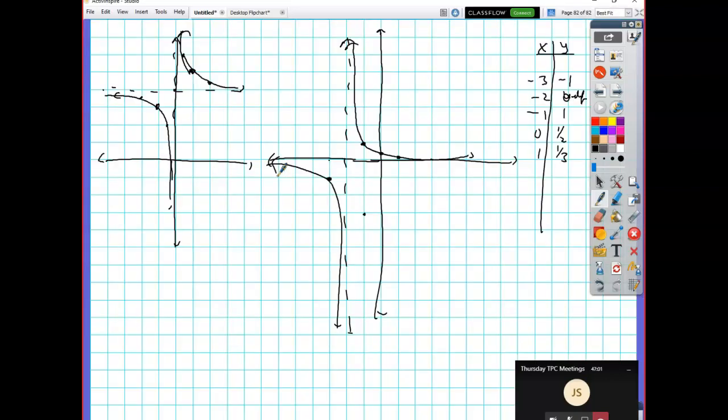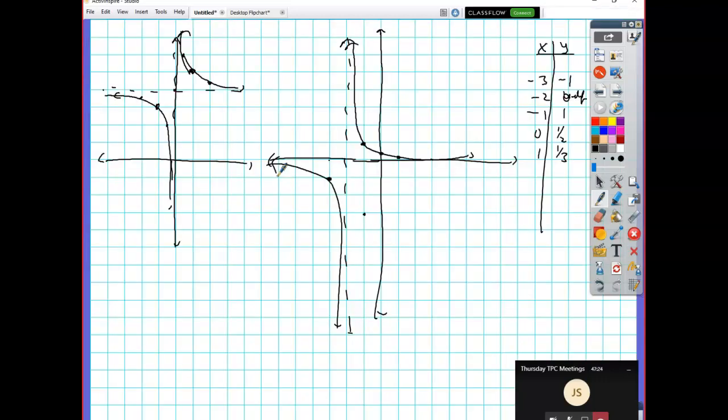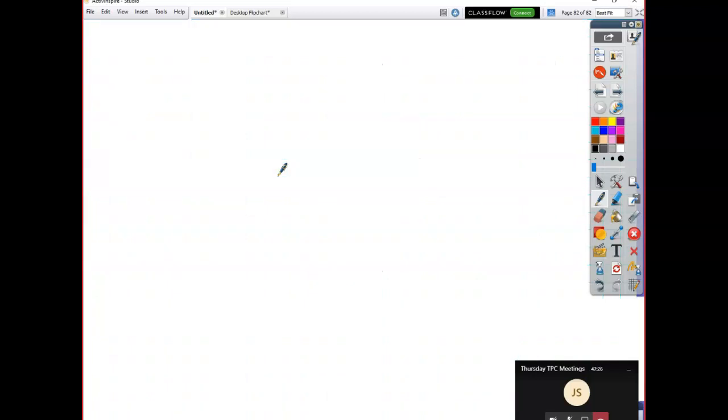You said stretch 2. No, I heard stretch and compress in that sentence. Well, you'll guess 3 things then, dude. Pick one. Yeah, 1 guess per try. All right, so shift left 2. Good? That's what happens when you put a number inside of the bottom, right?